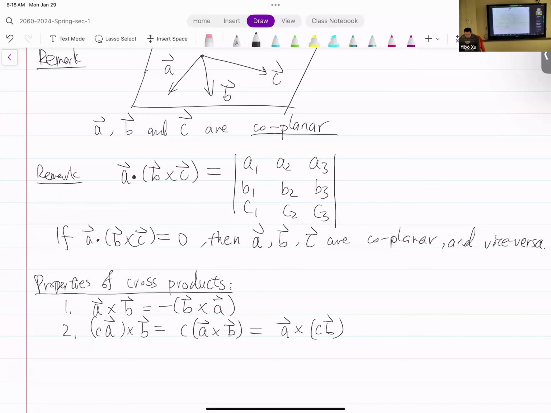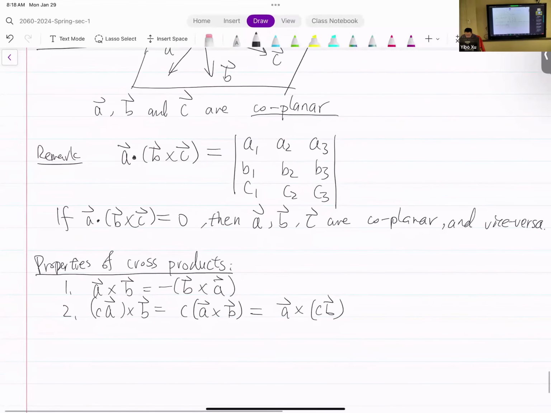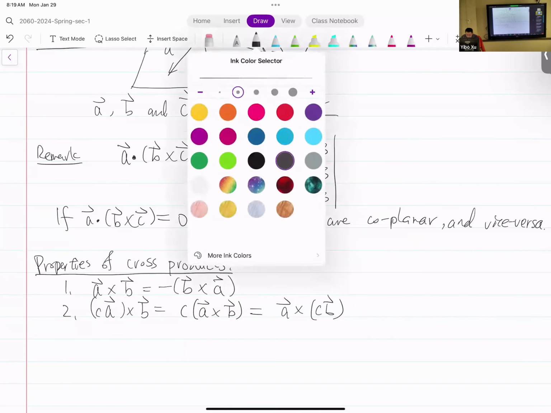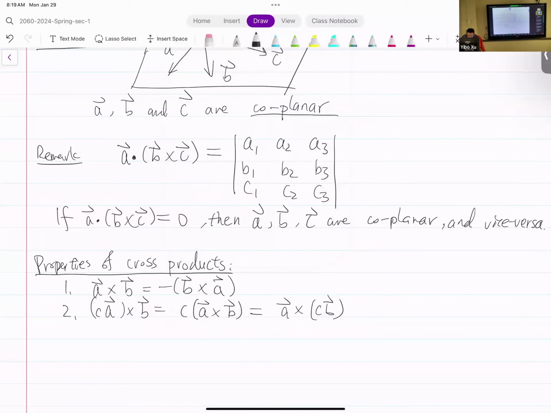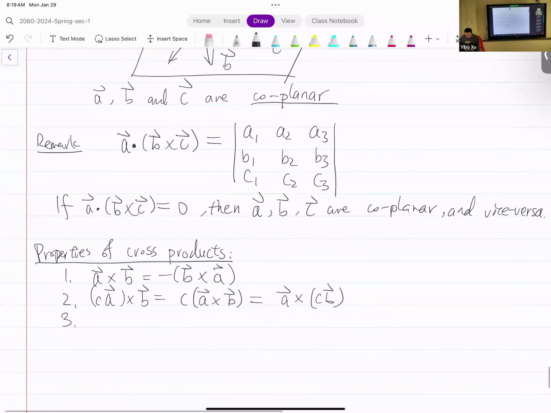In terms of the geometry, it's not going to be that straightforward because C could be positive or negative. When C is negative, then the direction changes. So it's a little messy for the geometric perspective. But for arithmetic, with the 3 by 3 determinant, it's not really hard to verify.